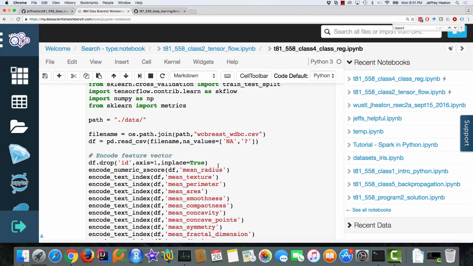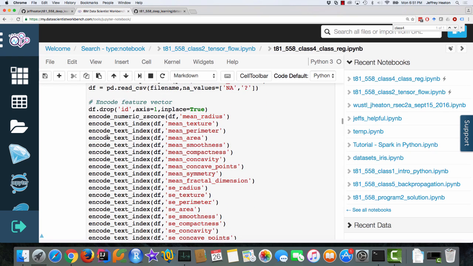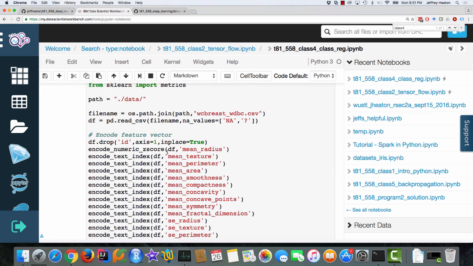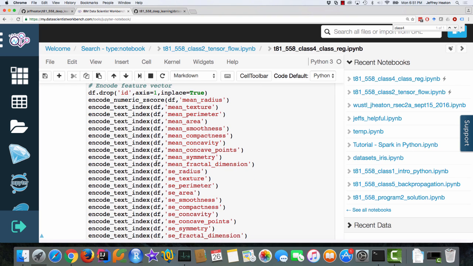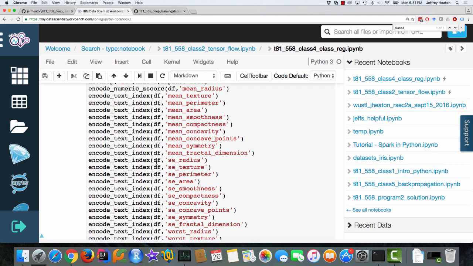So if you look at it, this is also a really good example of building a feature vector. The ID I drop, and then I use my functions, and I use a lot of them. I encode them as numerics. I'm sorry, I encode that one as a z-score. For this one, I was encoding them as indices because there's not a whole lot of them, so I was encoding them as a classification.